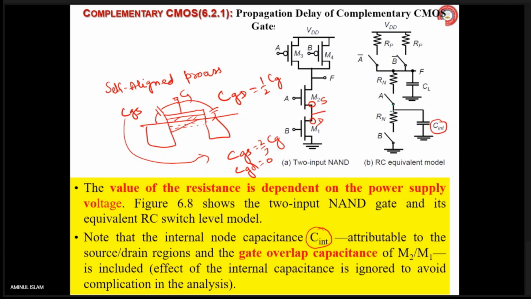This node is connected to the source of M2 and the drain of M1. Here, drain junction capacitance will be there, and if it is not a self-aligned process, then overlap capacitance will also be there. Gate overlap capacitance of M2 and M1 is included. The effect of the internal capacitance is ignored to avoid complicating the analysis. We are not going to consider this.